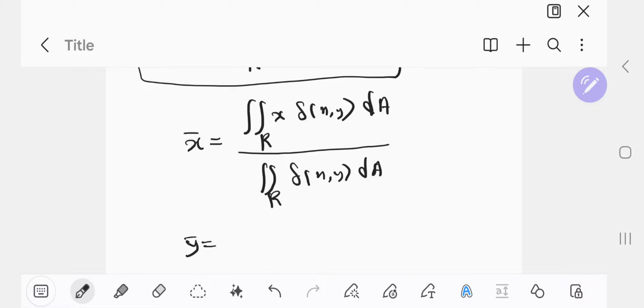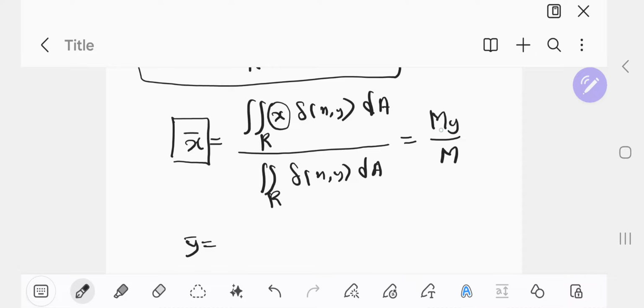Now the denominator is actually the mass. So this is usually called My by M. My is first momentum about y-axis. My stands for first momentum about y-axis. If you are finding x bar, the formula is double integral of x into delta of xy dA.